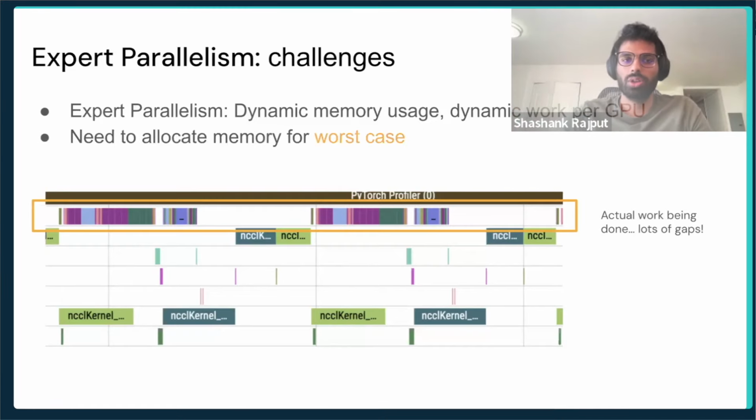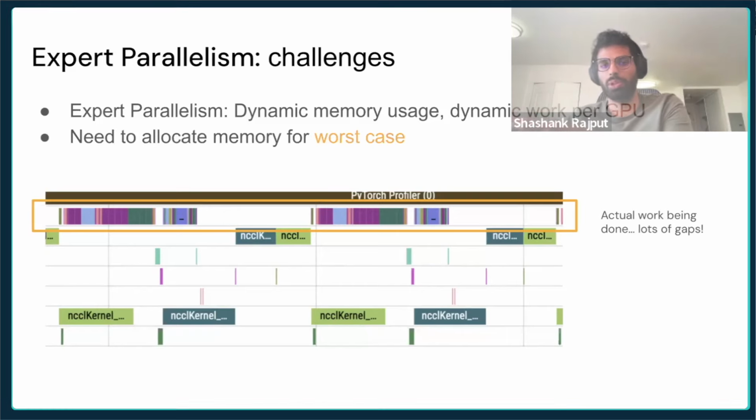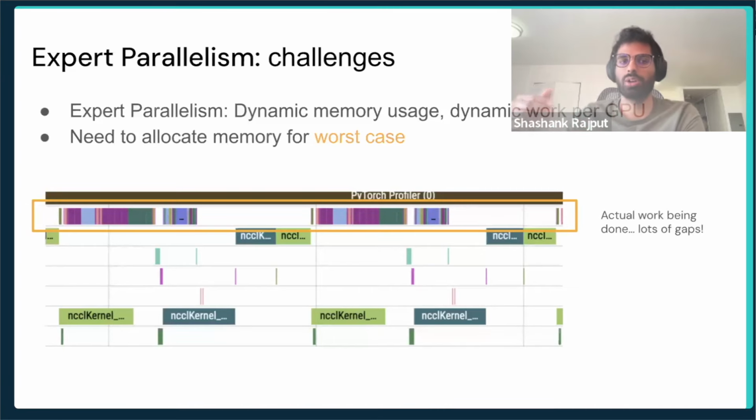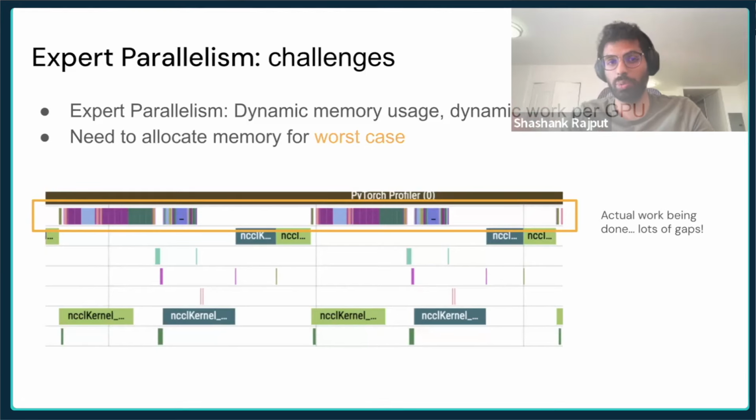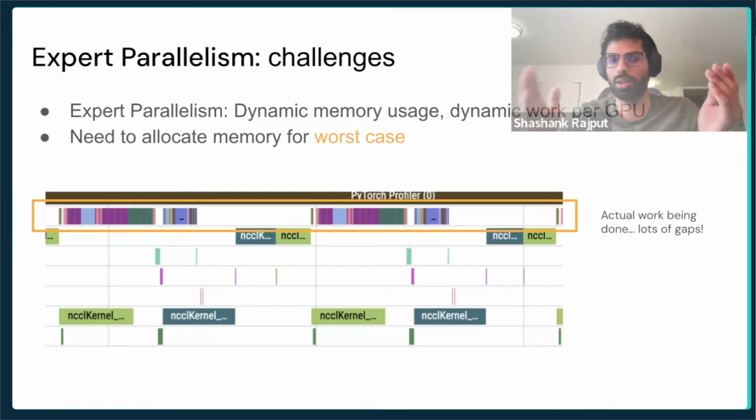And also, you need to allocate memory for the worst case because if one expert becomes very popular and it receives most of the tokens, then it receives a huge input size. That means it needs to allocate a lot of memory. And in the worst case, that GPU might just run out of memory, in which case your training would just crash and your training run would stop.